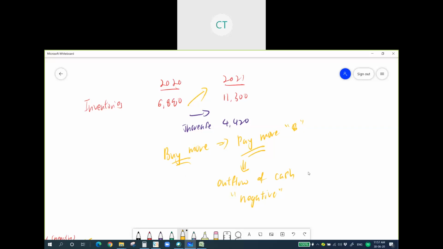Let me explain again. For inventory, if you have an increase in inventory, meaning that you buy more from the supplier. When you buy more of your stock, it means that you pay more. When you pay more, this is an outflow of cash, or we can say decrease in your cash. So this is a negative amount in your cash flow statement. Is my explanation clear?